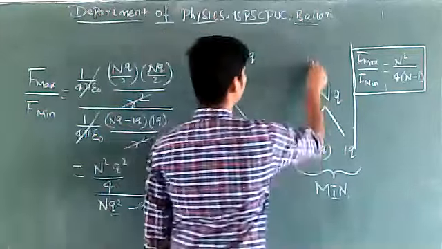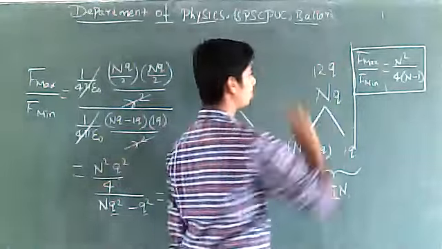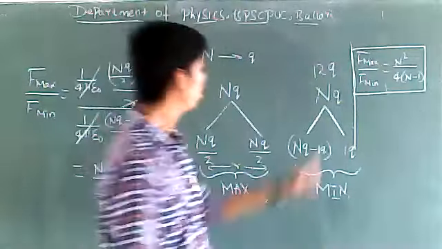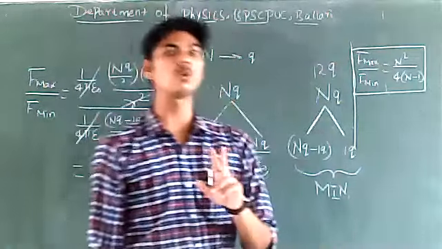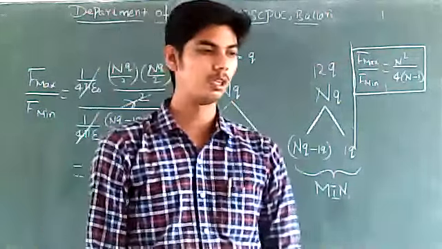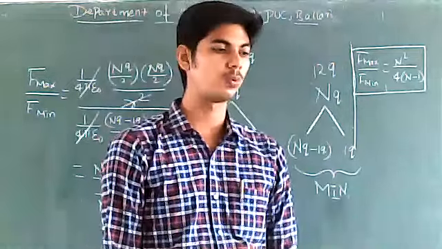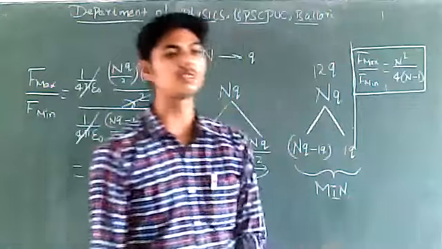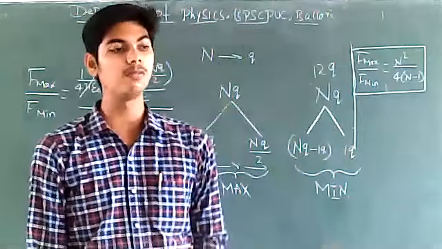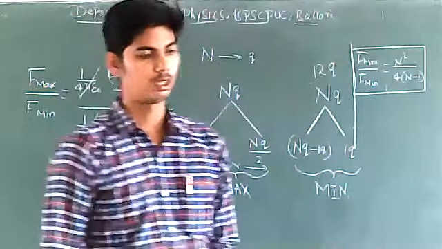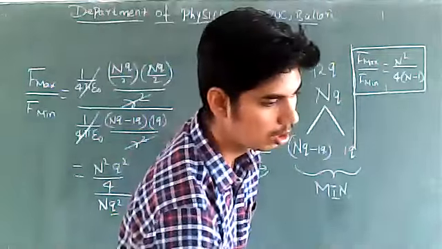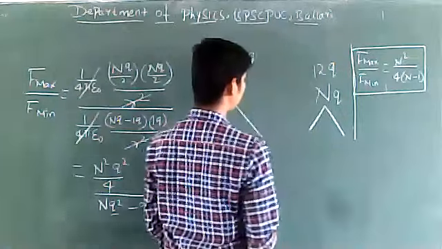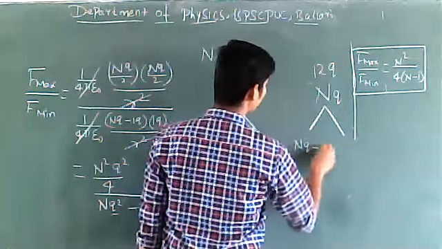Suppose it is 12q. How do you divide this into two parts so as to get the minimum force between them? Generally the problem is that you will consider this as nq minus 1 and 1.